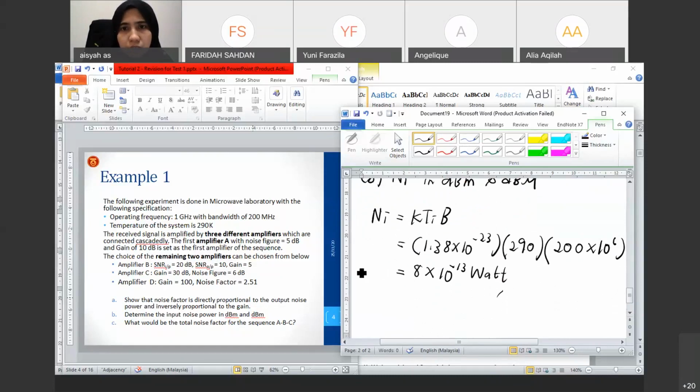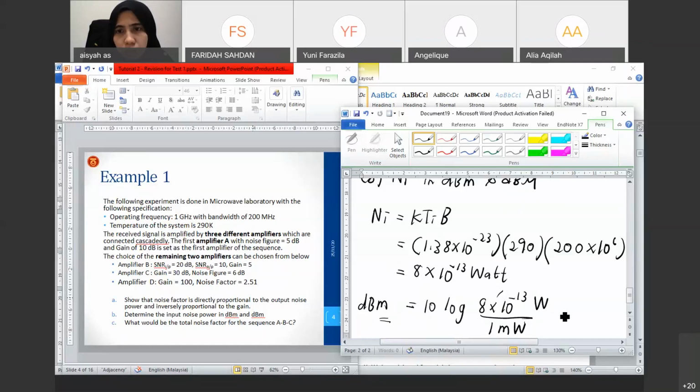Okay, this is Ni in watt, and then in dBm you need to use this: 10 log of 8 times 10 to the negative 13 over 1 milliwatt.